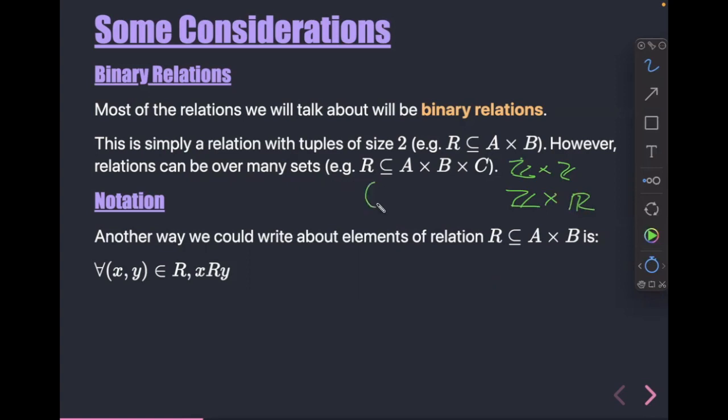The idea is that you have tuples of size 2, and this is mostly the type of relations we're going to be talking about. But as I showed you in the first slide, you can have relations of bigger sizes.